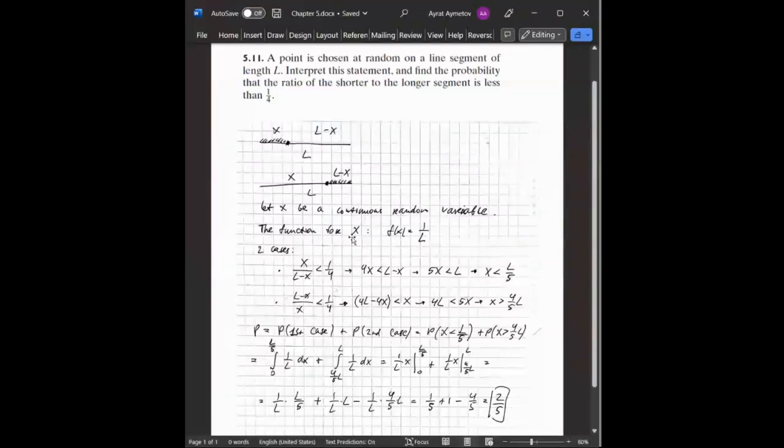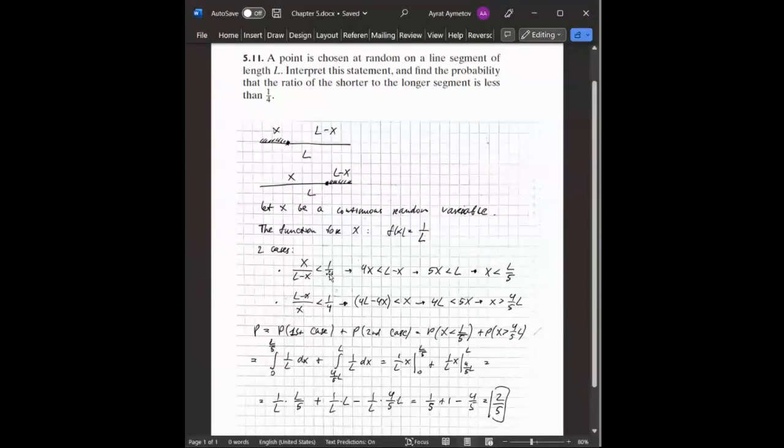Okay, so let X be a continuous random variable with the function f of x equal to 1/L. It's a uniform function. We'll have to consider two cases, as depicted on the picture above: when x over L minus x is less than 1/4, and the second case is when L minus x over x is less than 1/4.